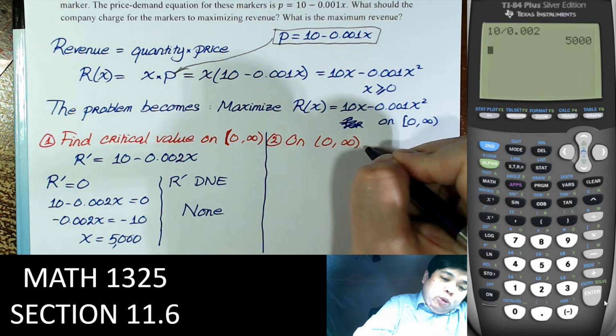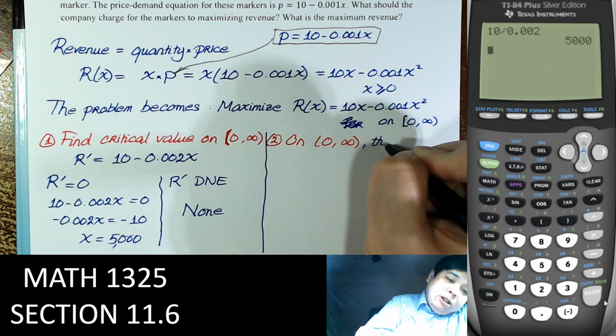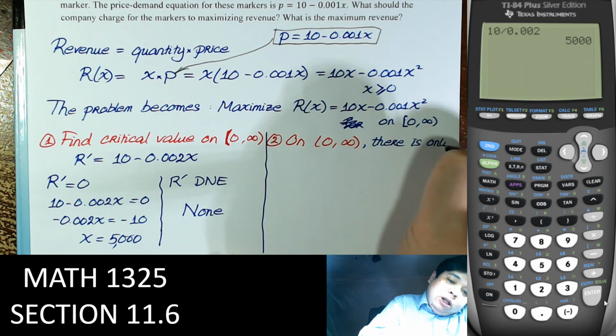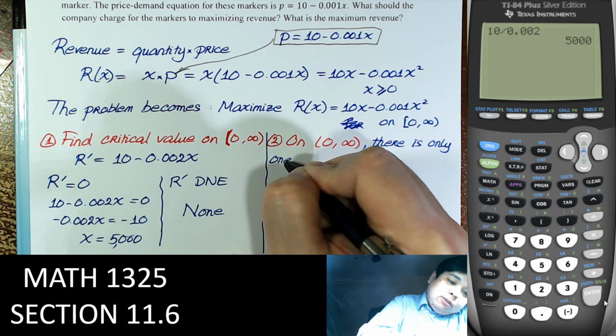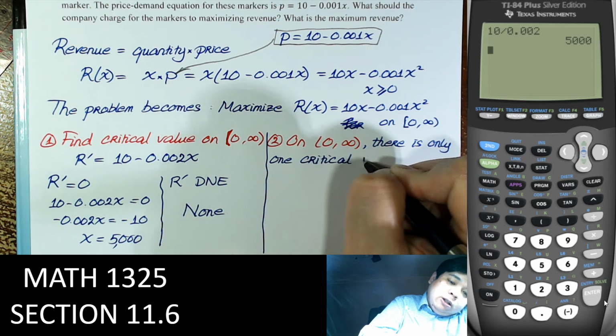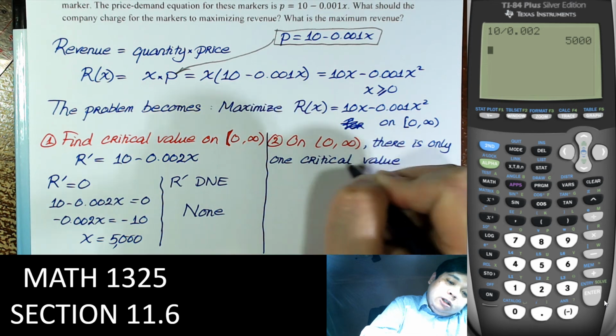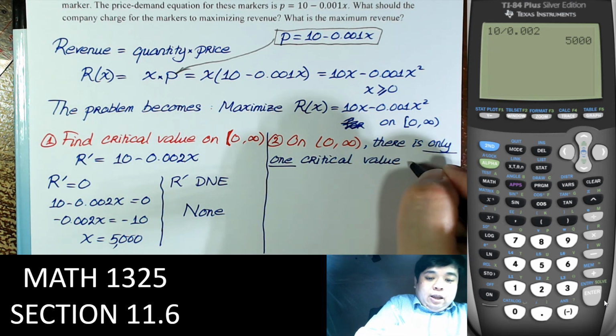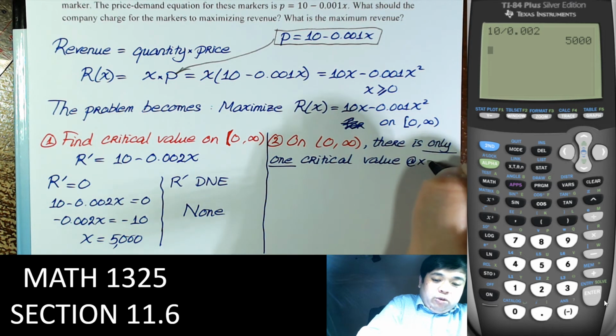But we only have one critical value, at x equal to 5,000.